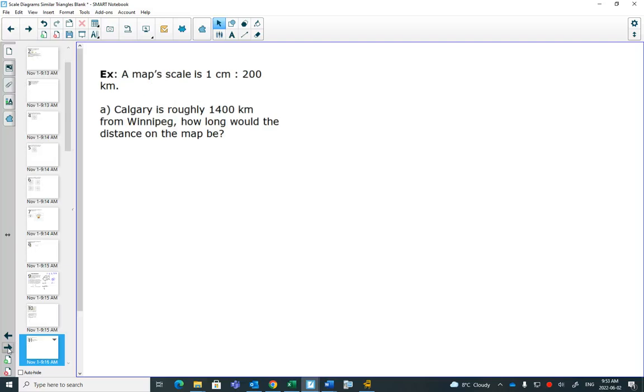A map scale, this is where we had left off. A map scale is that 1 centimeter equals 200 kilometers.